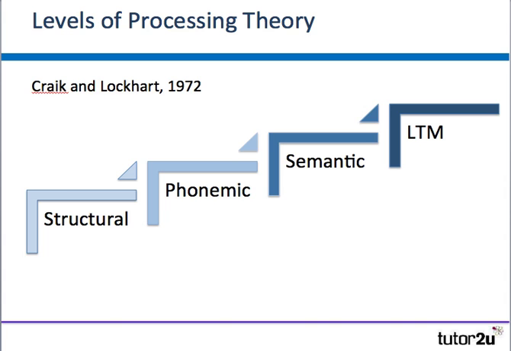If words or knowledge are processed structurally or phonemically, this basically means that if you have a word to remember, you might be asked, does it begin with a capital letter, or does it rhyme with drain or rain? You're not so likely to remember it if you're answering those sorts of questions, they found, as if you were asked to use the word yourself in a sentence. Then you're processing it by its meaning semantically, and lo and behold, you are much more likely to remember it, and it gets moved on to long-term memory.